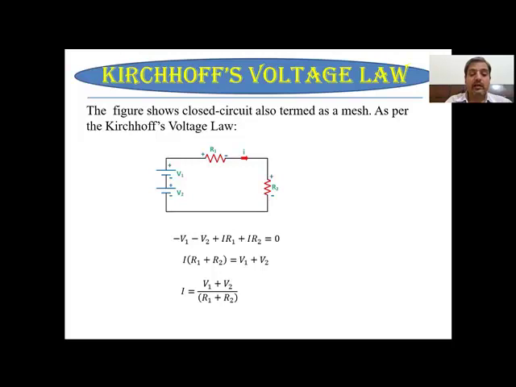But if the positive terminal of one battery is connected to the positive terminal of another battery, then both will be in opposing manner. In that case, the lower voltage battery will be subtracted from the higher voltage battery. According to that, the current direction will also be determined, because current always flows from the higher battery to the lower battery side, meaning higher potential to lower potential.